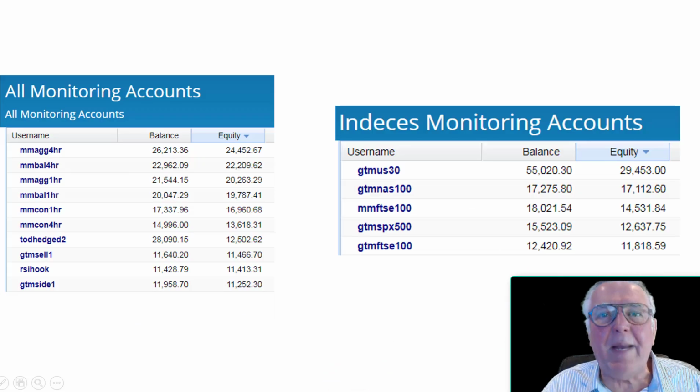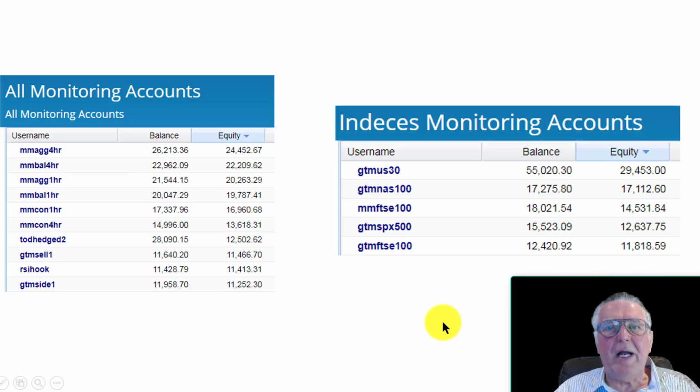So here is a summary of the results that came out of these monitoring accounts. And as you can see, the Make Money EA is by far the best out of all of our EAs at the moment. The GTM is there, but it doesn't perform as well as when it is applied to indexes. Now, if we look at the index results for the GTM and the Forex results, you can see they are hugely better than the Forex results.